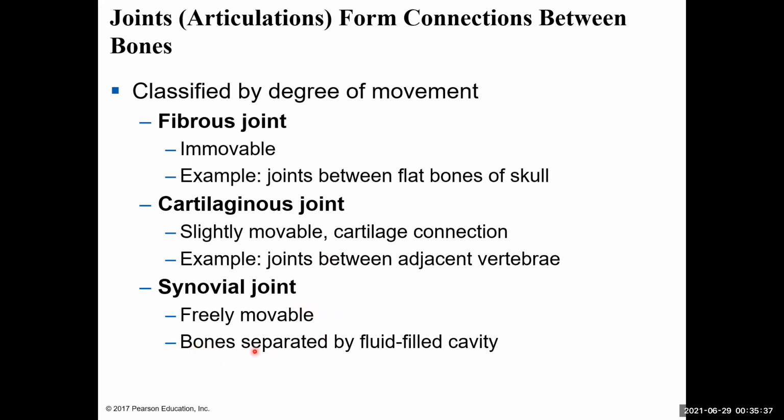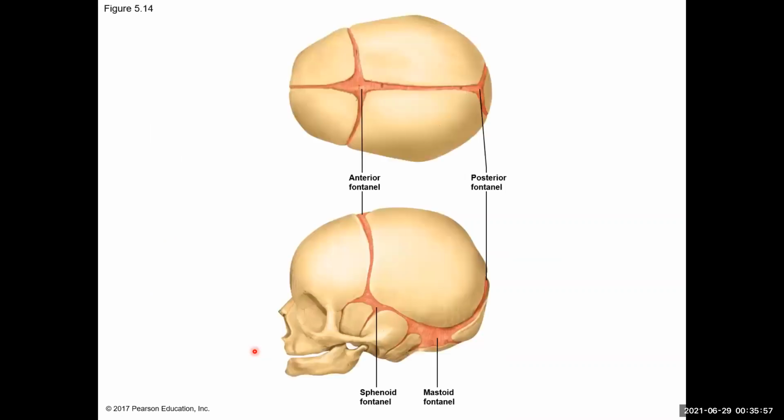The bones are separated by this fluid-filled cavity. There's different types of cartilage that is kind of around the ends of the bones and in between the bones. It's allowing for friction to not happen and to make sure that the ends of those bones and those joints are protected and they're not damaged whenever that movement happens.